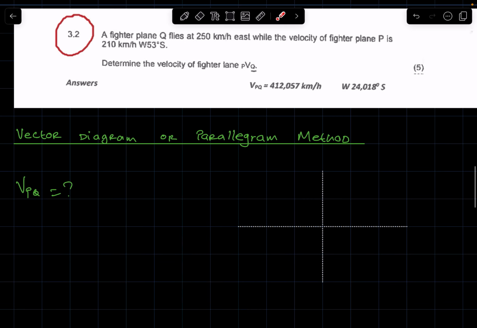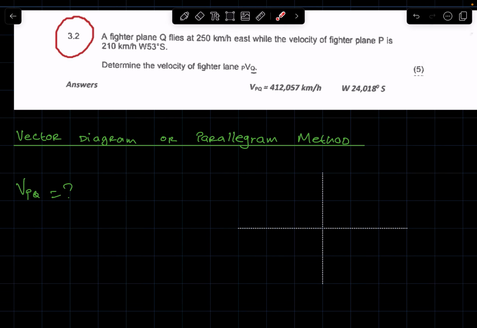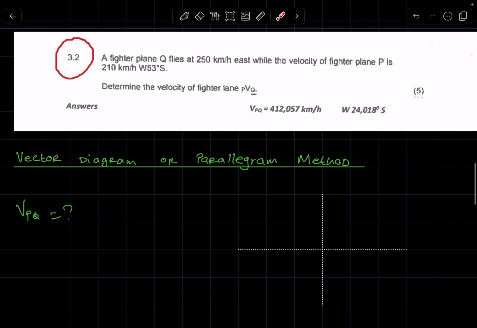Now we've already established the object as well as its frame of reference. The object here is P, so P we're going to draw in a direction that is the same as the one that's been given, and Q being our frame of reference, we're going to draw in a direction that's opposite the one that's been given. Now, the easiest way of drawing this to scale is by using this simple method, or taking this easy approach.